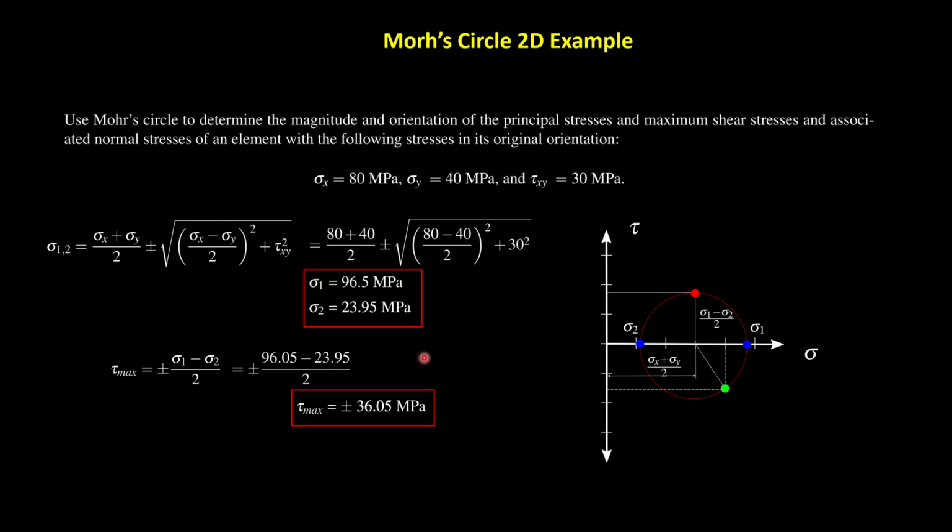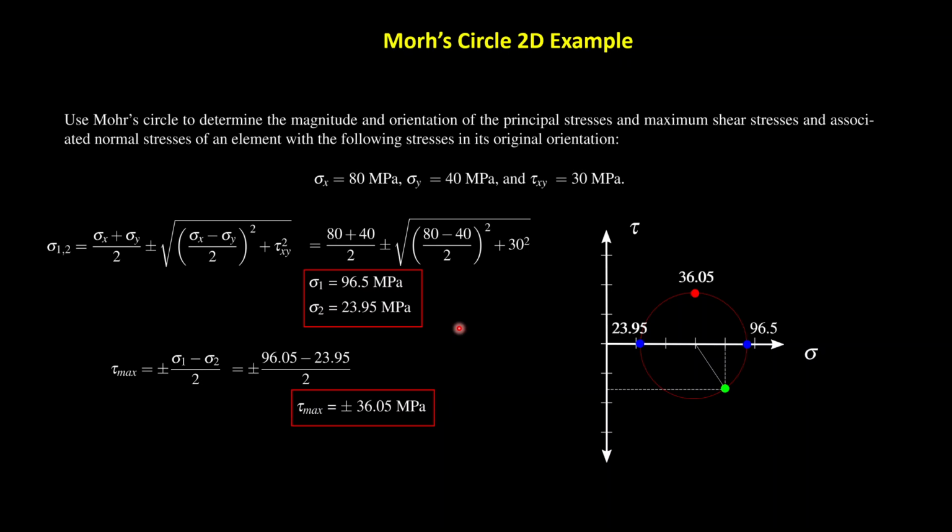Great. So what else do we have? Let's write the values there. So we have sigma 1, the principal stress, sigma 2, the second principal stress, and we have the maximum shear stress here. Nice.